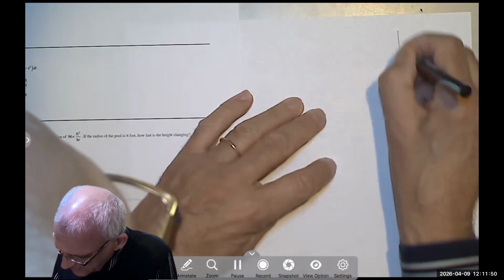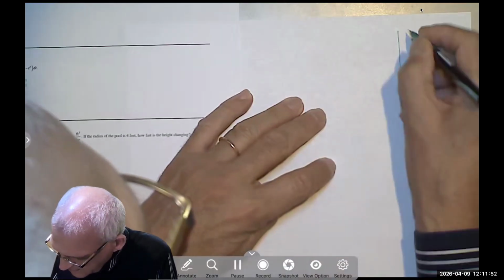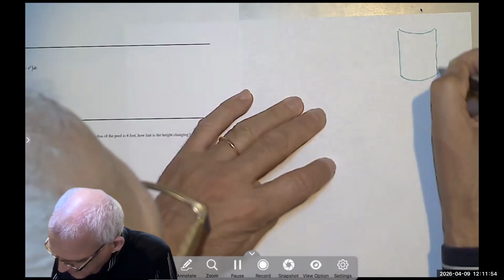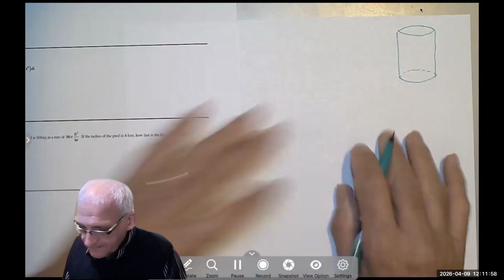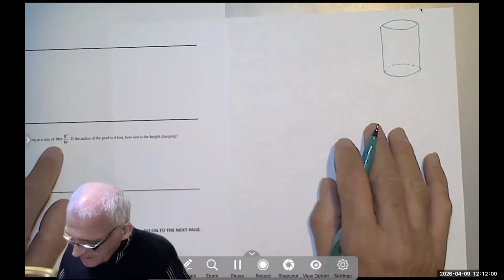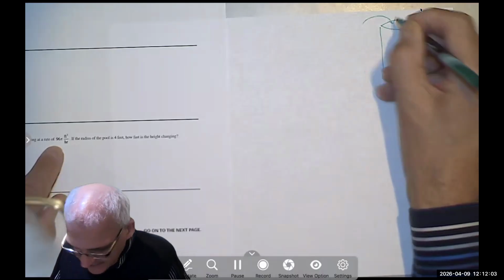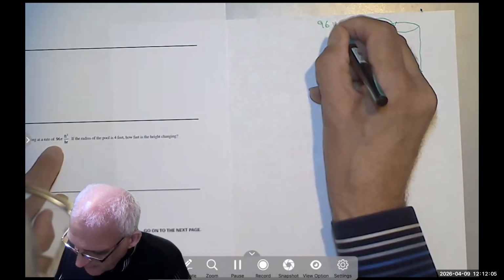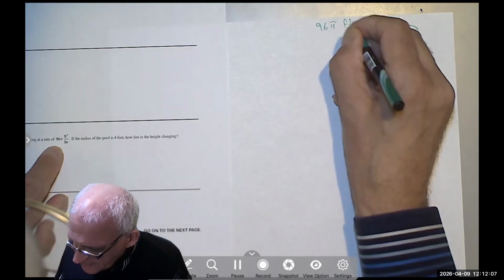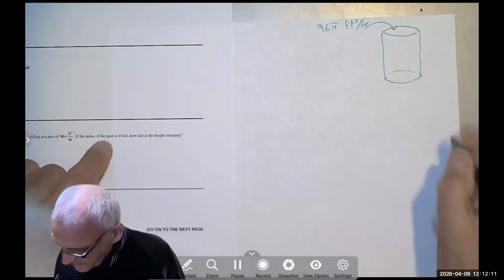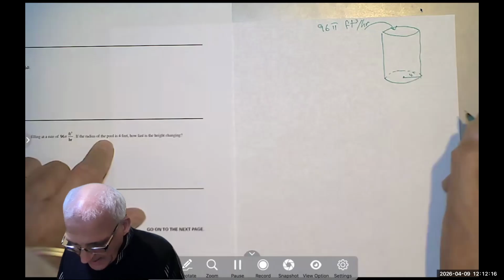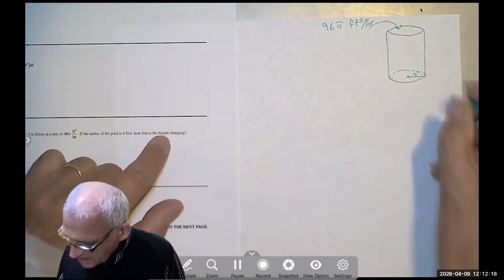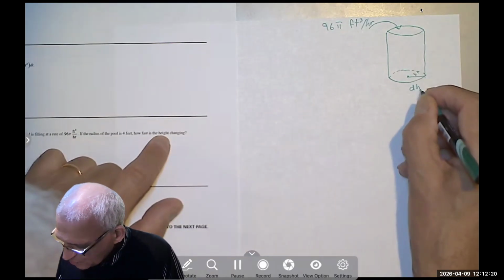So I have a cylindrical pool that is being filled at a rate of 96 pi cubic feet per hour. If the radius of the pool is 4 feet, how fast is the height changing? Meaning, what is dh over dt?